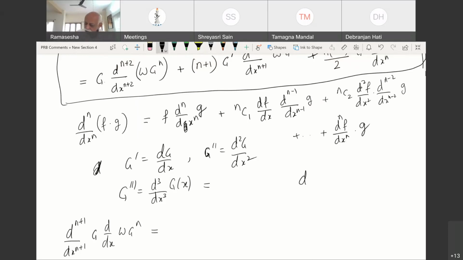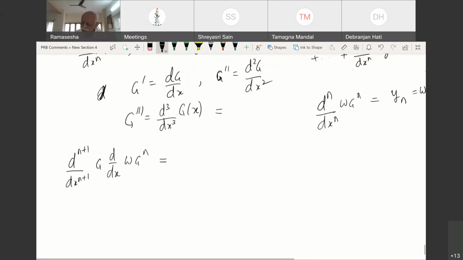I can use the following formula: d^n upon dx^n of W G to the power n is equal to W times y, because 1 upon W, d^n upon dx^n of W G to the power n was equal to y.